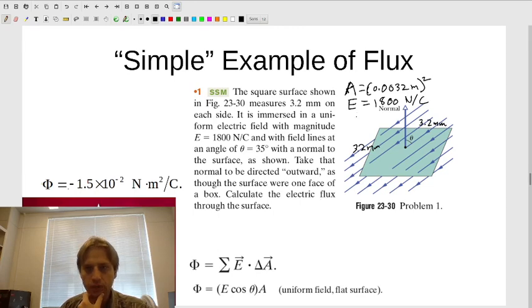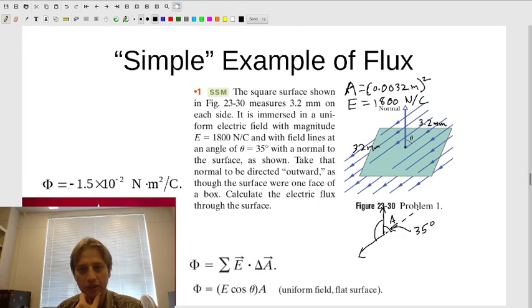Now, in a problem like this for your book, I will probably not be this tricky, but notice they are trying to screw you up because the way this is drawn is like this. Here's the A that they're drawing, and they're giving you the complementary angle. They're giving you that 35 degrees there. And then if you're looking at the angle between the A and the E, 180 minus 35 is 145 degrees.